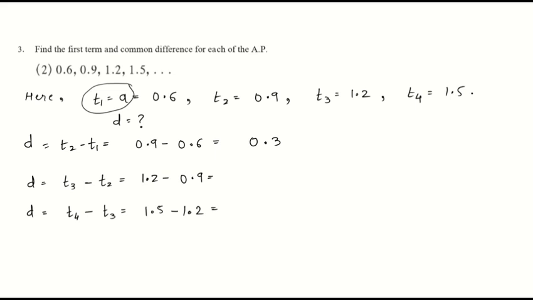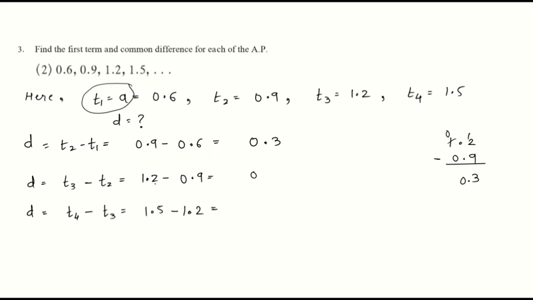In the same way, to find the difference, here we have taken T3 minus T2 is equal to, T3 is 1.2 minus T2 is 0.9. So I will explain you here. 1.2 minus 0.9. Okay, here it is 0 and here we will get as 3 and 0 minus 0 is 0.